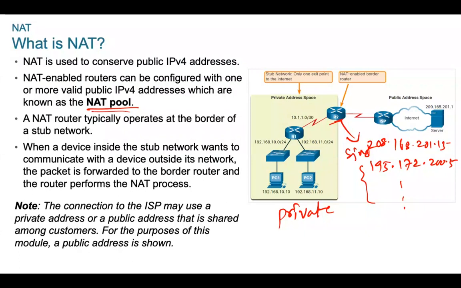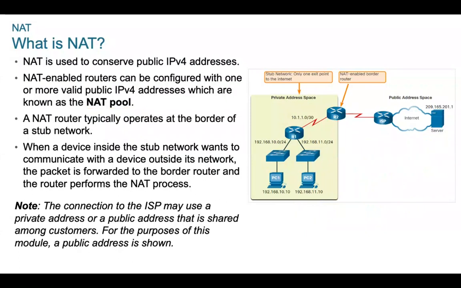So a NAT router typically operates at the border of your subnetwork, as said. A subnetwork is one or more networks with a single connection to its neighboring networks, which are the border routers of other networks.